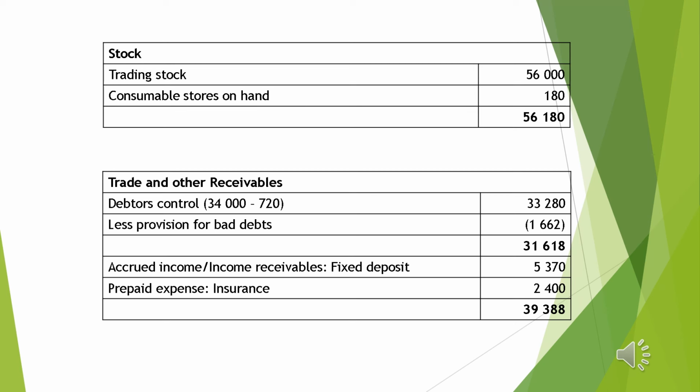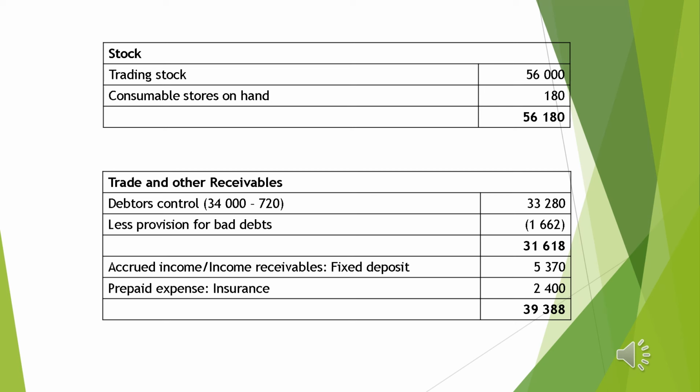Then you have your consumable stores on hand. With the consumable stores on hand, we are looking at stationery that was not used. Remember, we said earlier that whenever we buy stationery during the financial year, we treat it as an expense.